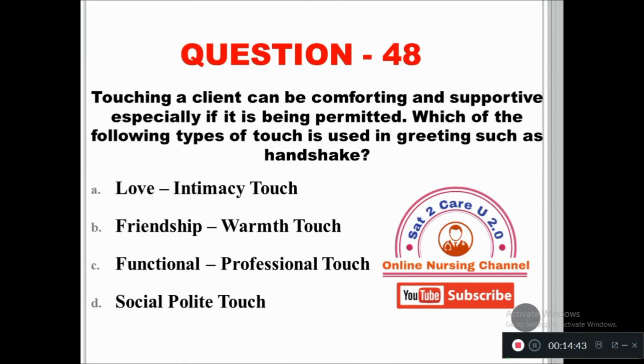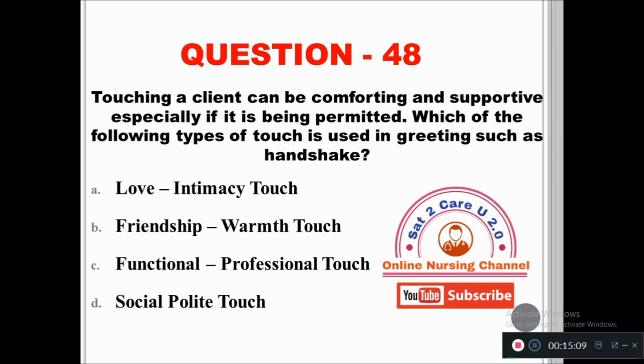Option D is right. Let's see the other explanations. So option D, social polite touch, is correct. It also includes air kisses, that is flying kisses that women use to greet acquaintances, or when a gentle hand guides someone in a direction. Option A is wrong.